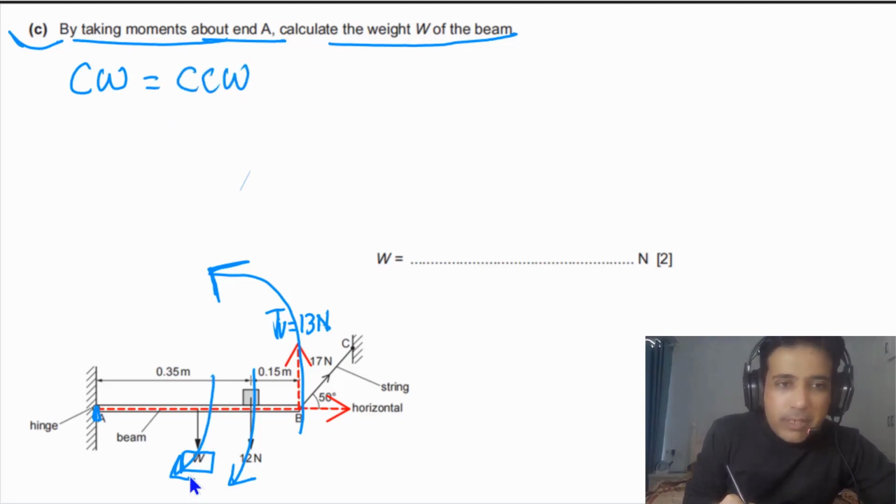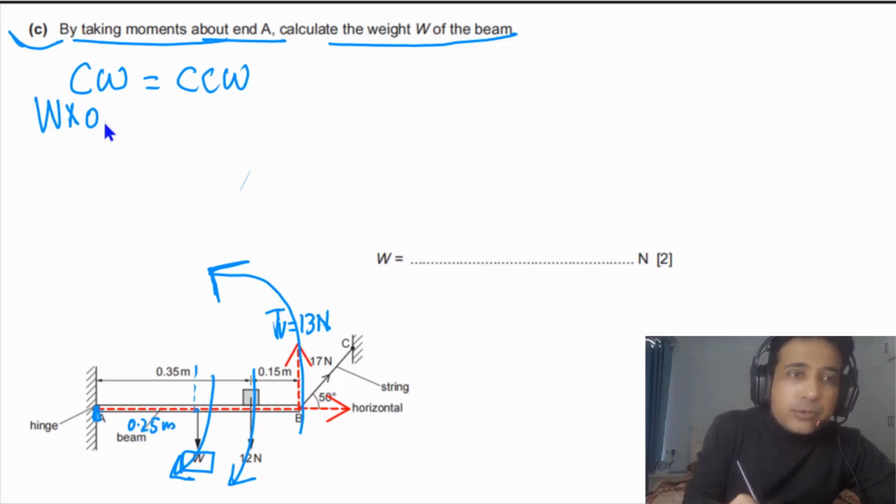In this case, we have clockwise moment due to W. So we can write down W times, and the length of this beam is 0.5. So it means the distance from the weight to this beam, that one will be equal to 0.25 meters. So simply we can multiply this one with 0.25 meters.